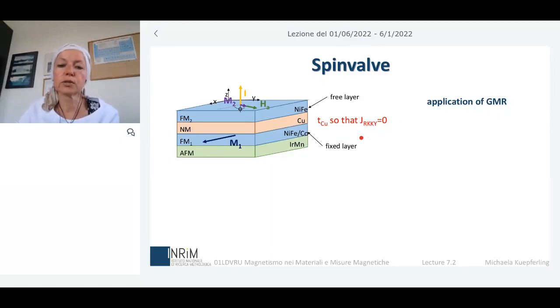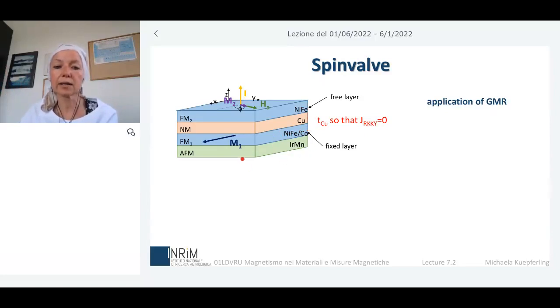So I showed you, this RKKY changes from positive exchange to negative exchange, but of course at a certain distance, you will have exactly zero exchange. And this is what we want. We don't want to have exchange between this so-called fixed layer and the free layer.